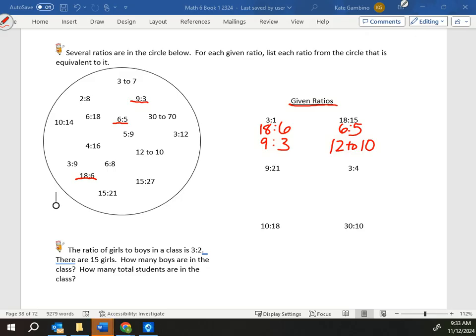Looking at that 18 to 15, I might not have caught that one. Looking at the simplified 6 to 5, I can catch that one. So sometimes you have to look at the simplified version to see if you can multiply it up to any other one. You're going to do the rest of these on your own.